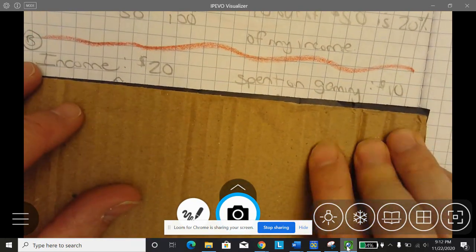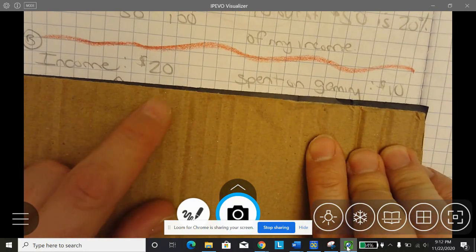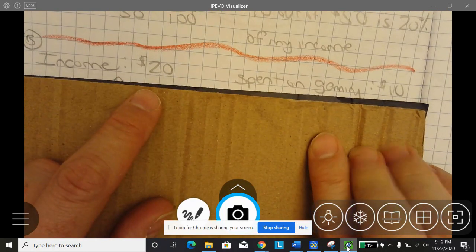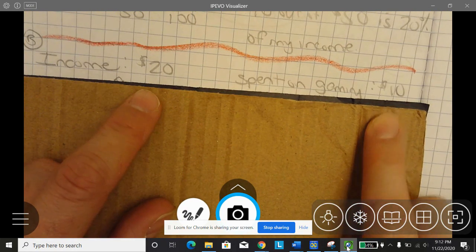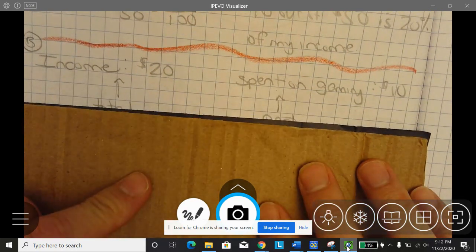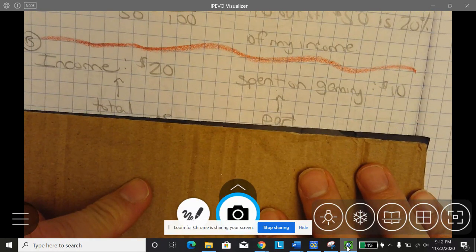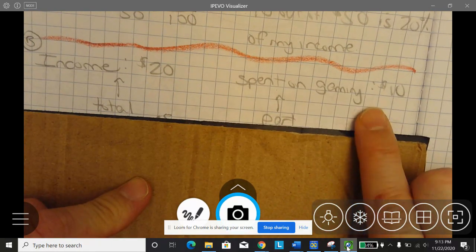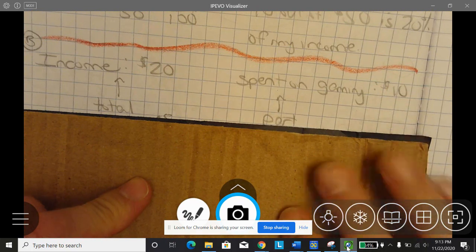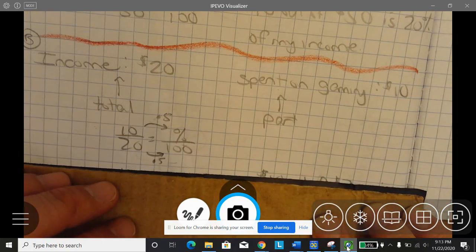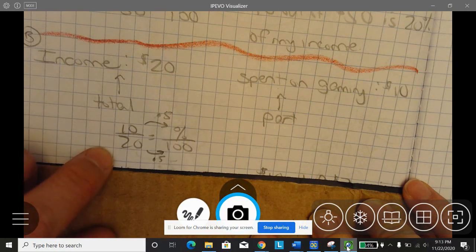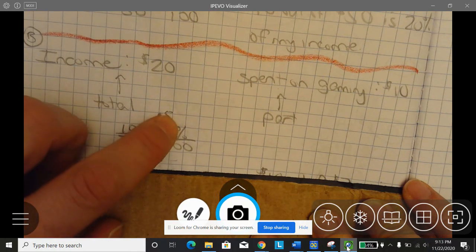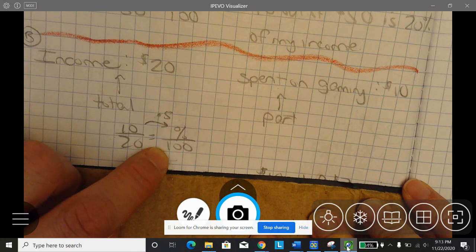Let's say a different person only makes $20 in a month, but they also want to spend $10 on gaming. Well, we know that the total is 20 because that's how much they made, and the part is 10 because that's how much they spent. So here their percent proportion becomes 10 over 20, instead of 10 over 50, because they only made $20, but it still equals percent over 100.